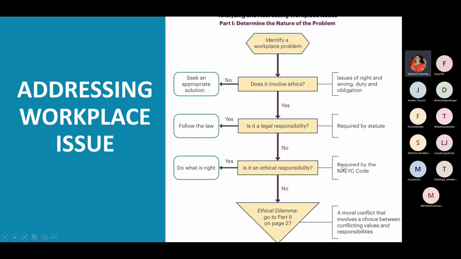Here we call it the ethics code, for example a code of conduct. Each and every institution has its own codes. So check whether your institution also has a code of conduct available.